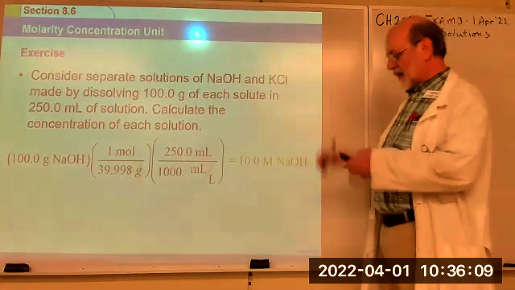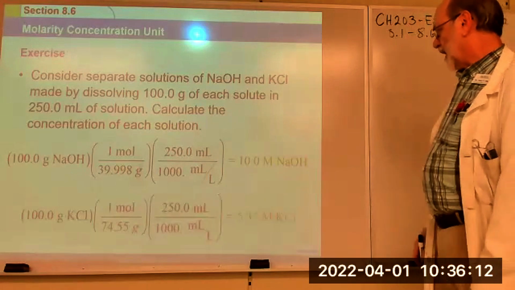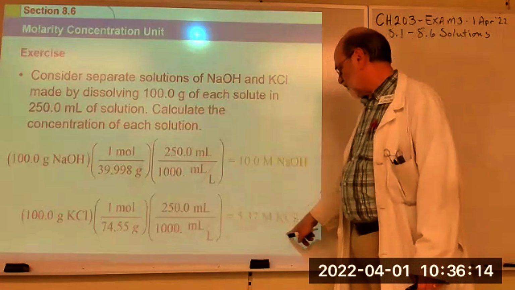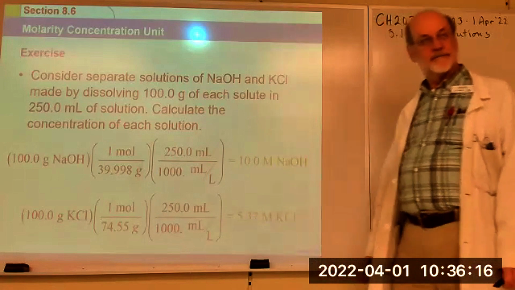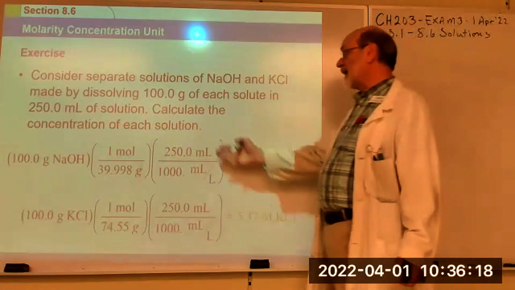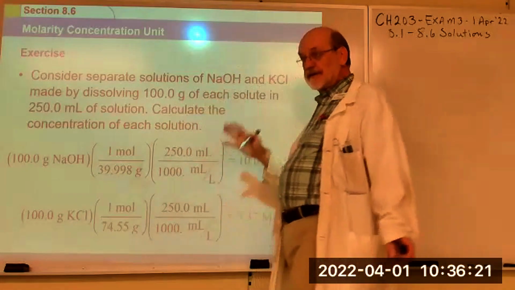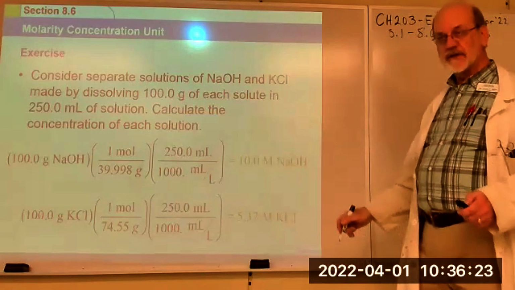So 10 molar for sodium hydroxide and only 5.37 molar for potassium chloride. So you got the same mass for each one, but you got different moles, which gives you a different molar solution.